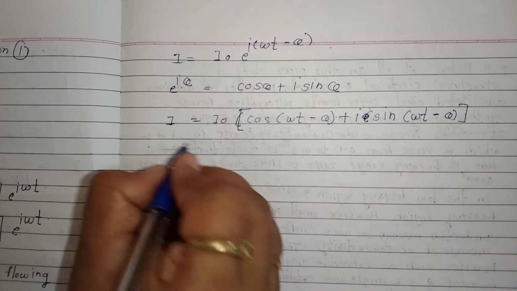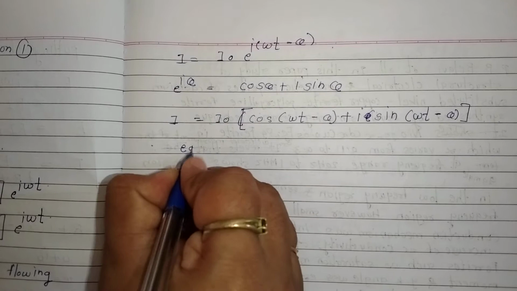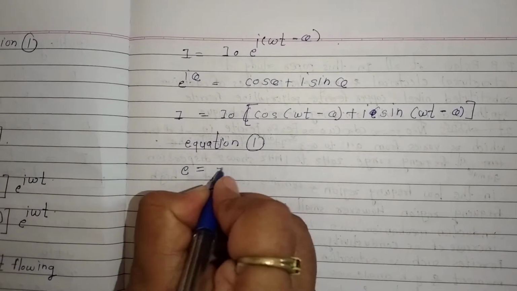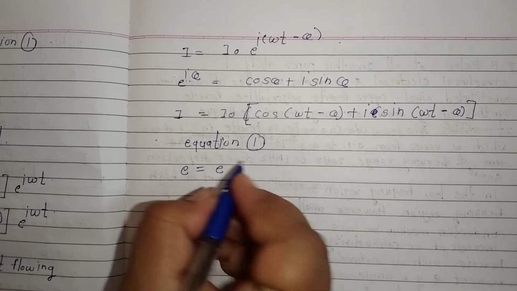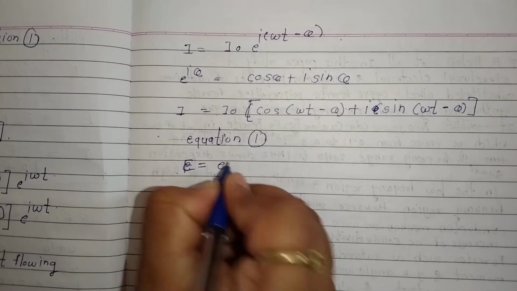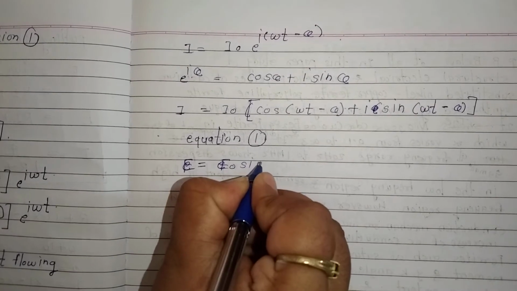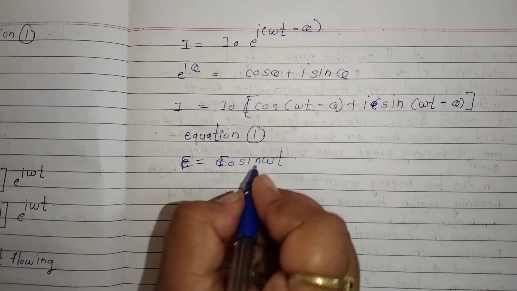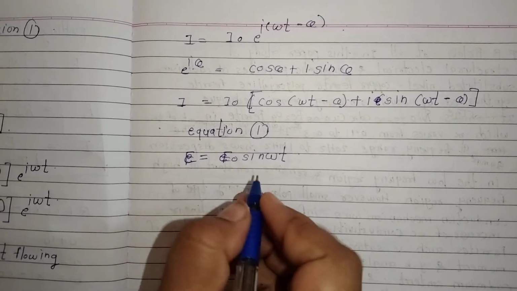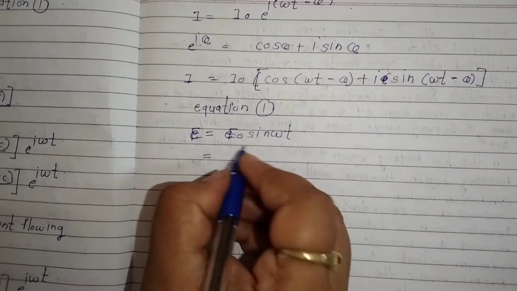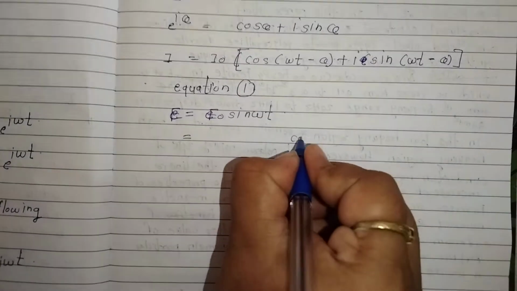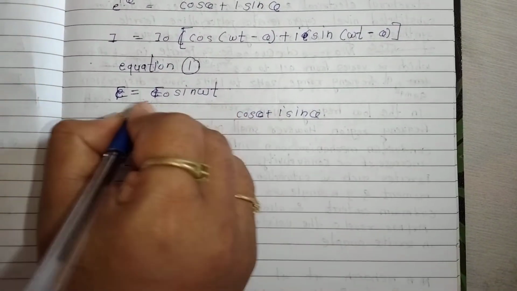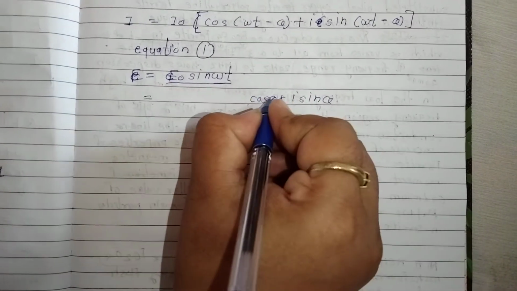We know in equation 1, E is equal to E0 sin omega t. This is an EMF equation. Here the real part is absent. The complex form is cos theta plus i sin theta, so here we take only the imaginary part.